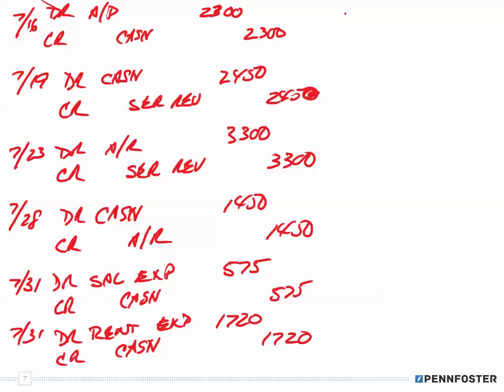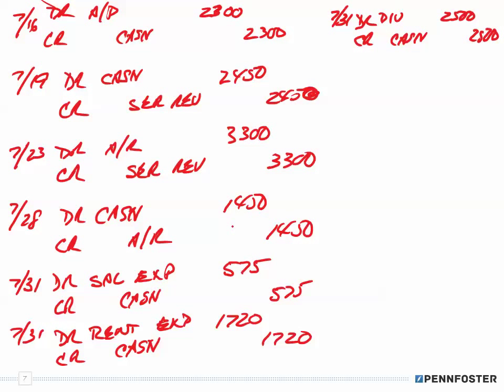And I'm just going to do it over here, try to squeeze it in. 7/31, I'm paying out cash, so I'm crediting cash for my dividend, which was for $2,500. I have to debit something else, and since I can see it's a dividend account, I'm going to debit the $2,500 to dividends.